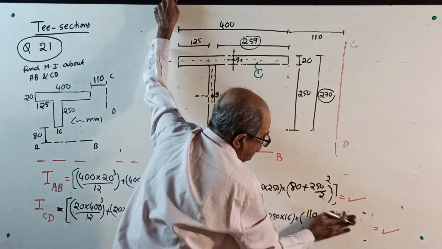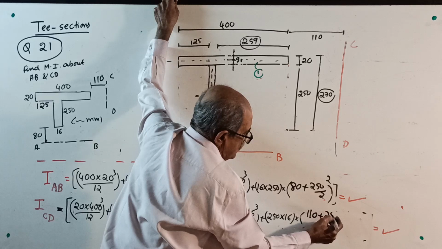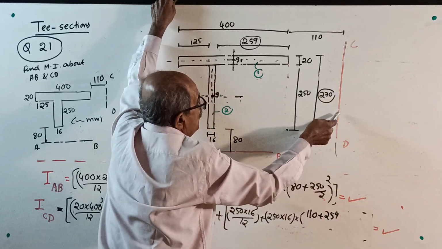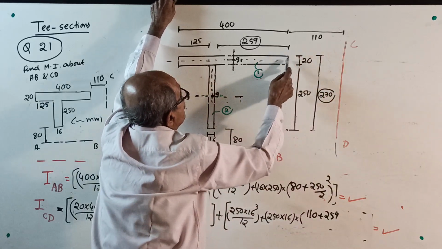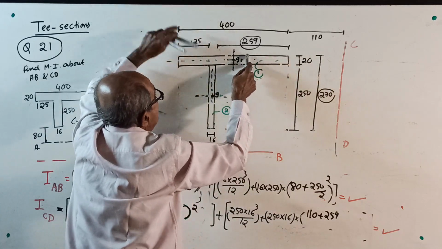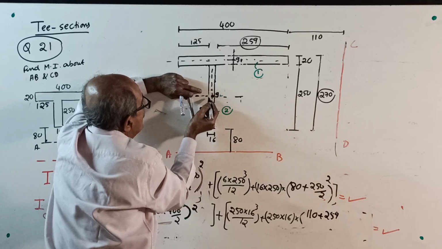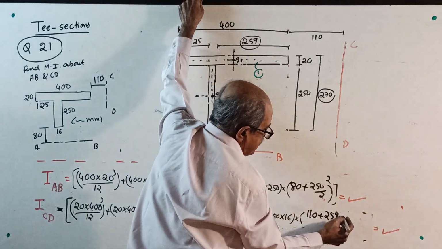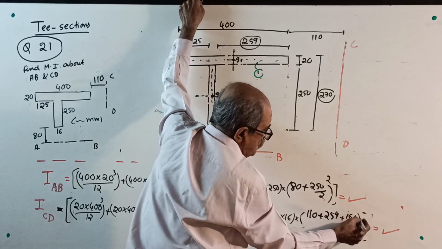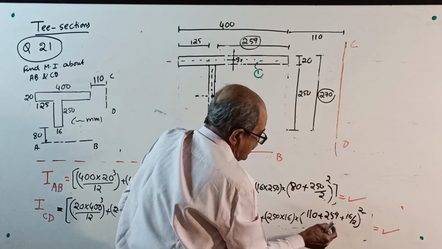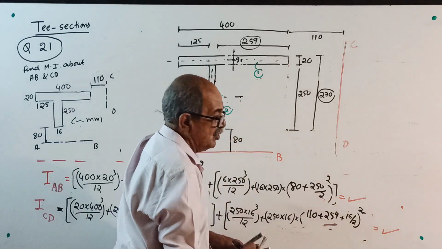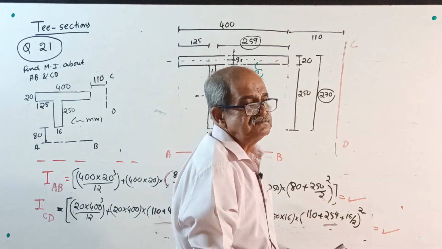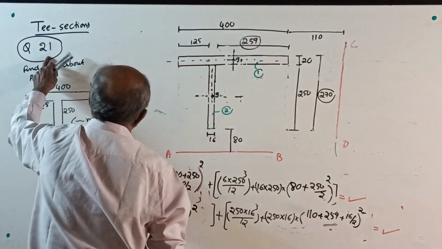See, you should be careful: 110 plus 250. You reached here, but we want from here, so plus another 16 by 2, whole square. This is the h value. Red color I am showing only. Get the answer. This will complete question number 21.